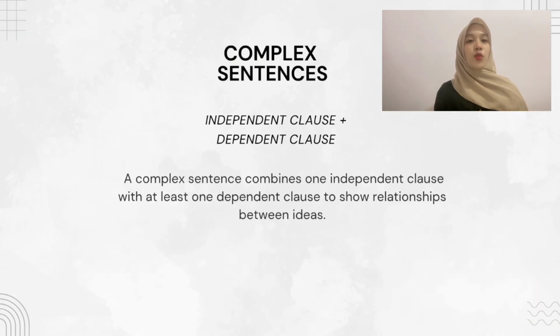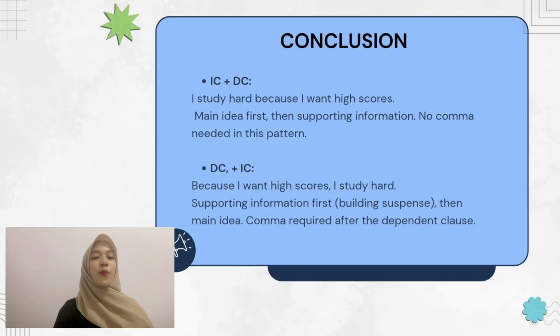Okay, for the next we talk about complex sentence. A complex sentence combines one independent clause with at least one dependent clause to show relationships between ideas.